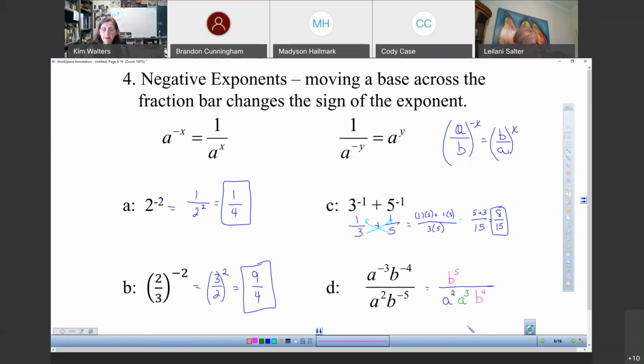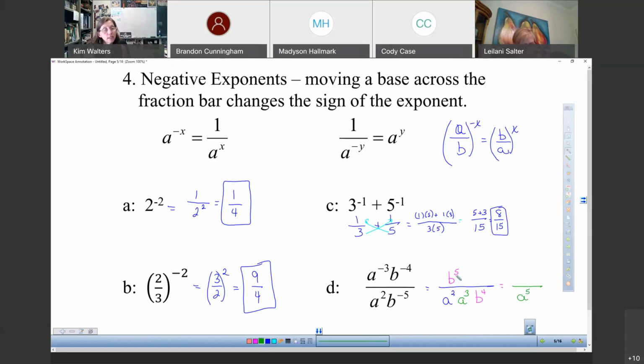Okay? That's magic stuff. I understand that. But you can literally move things from top to bottom or bottom to top and change the sign of the exponents. Okay? And so now I'm going to clean this up and simplify this. So I have two a's in the denominator that are multiplied together. And so in the denominator, I'm going to have a to the fifth because I'm adding my exponents.